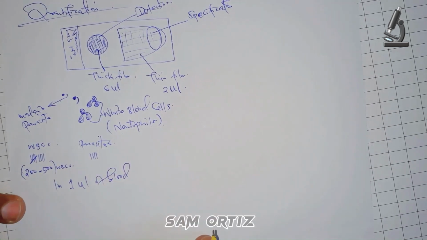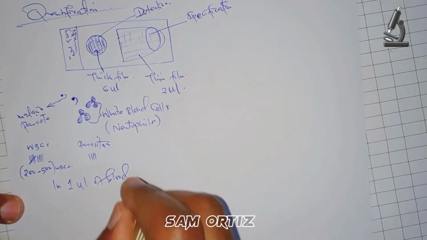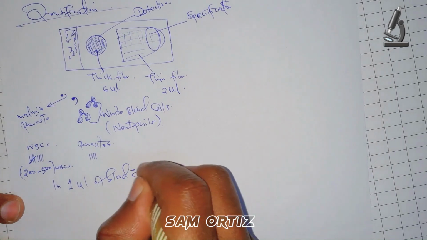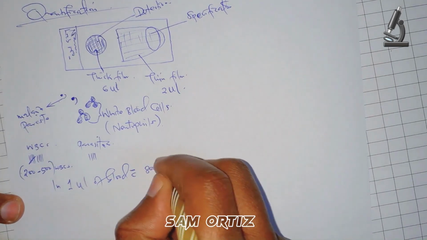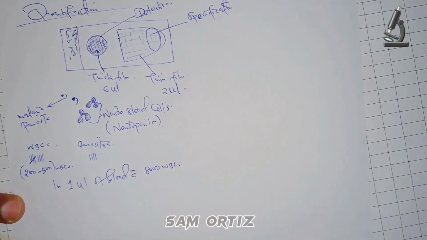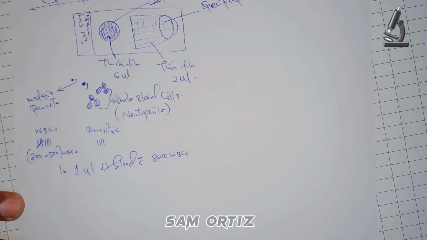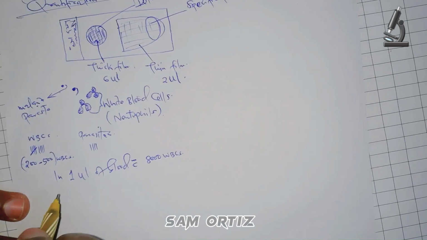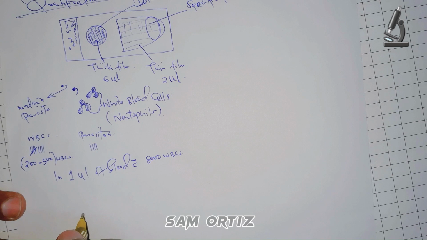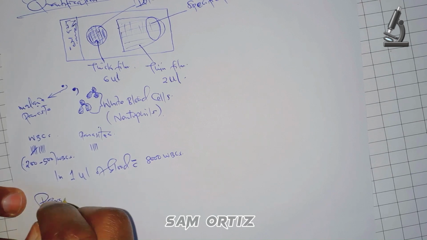now reporting. In 1 microliter of blood, the estimated number of WBCs, white blood cells, is always 8,000. So in 1 microliter of blood, we have 8,000 WBCs.